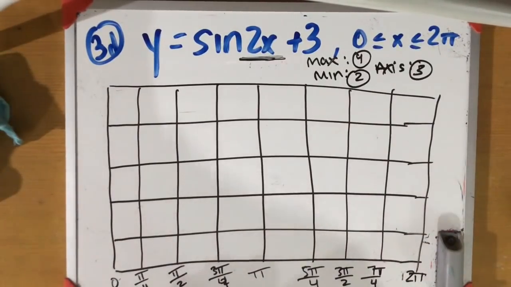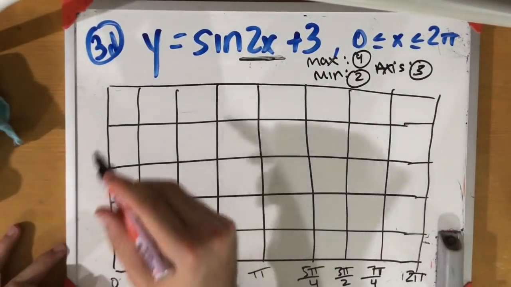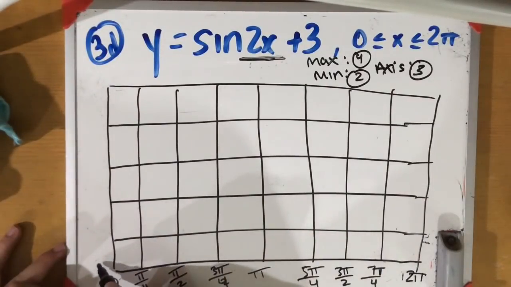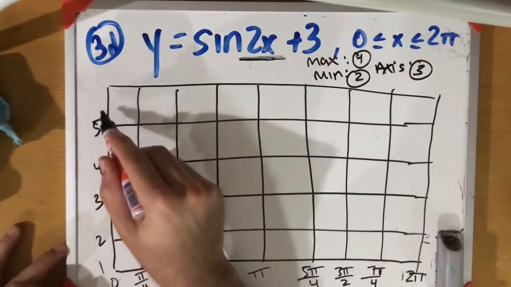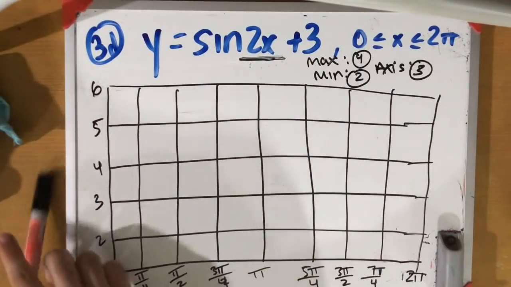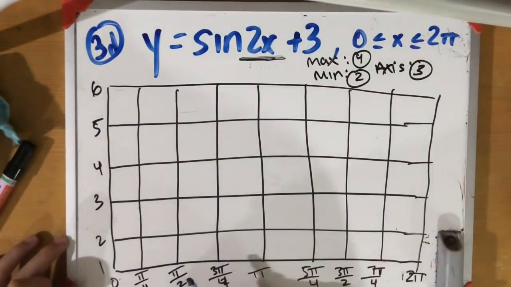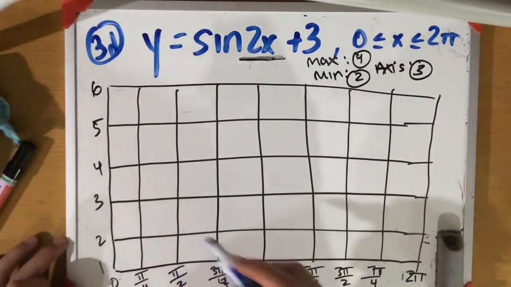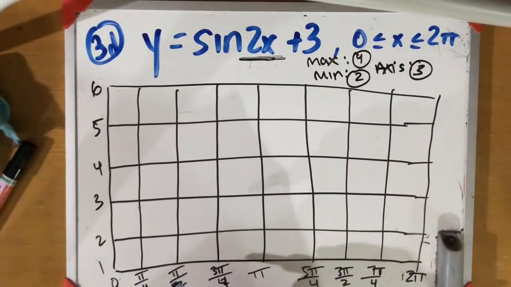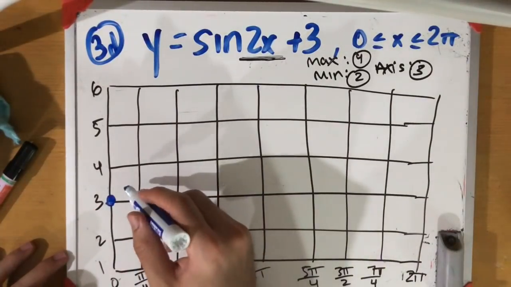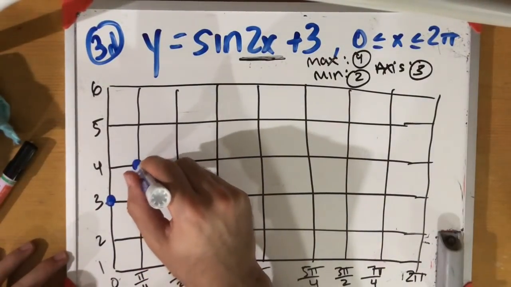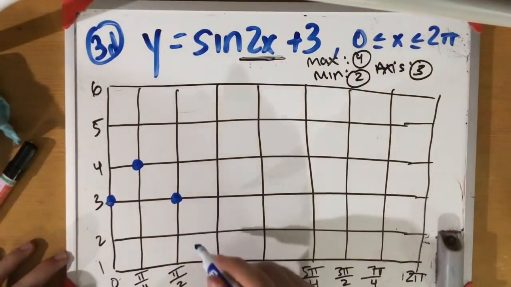All right. Let's make our y-axis. Now let's get started to graph this. So sine starts off at your axis, which is 3, and then back to max, back to axis.